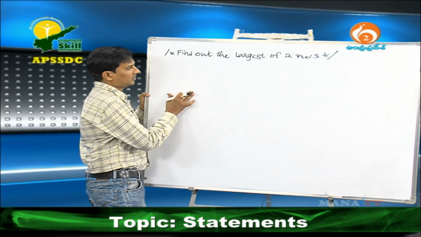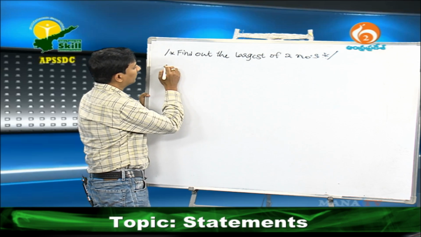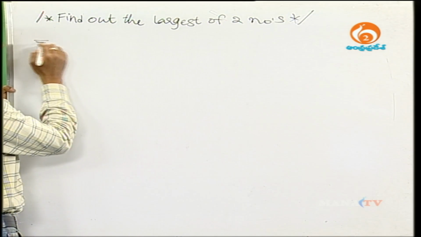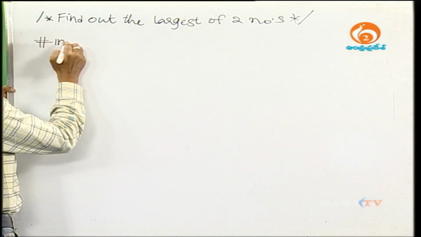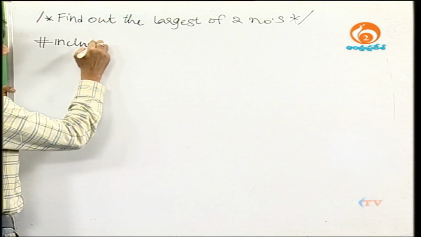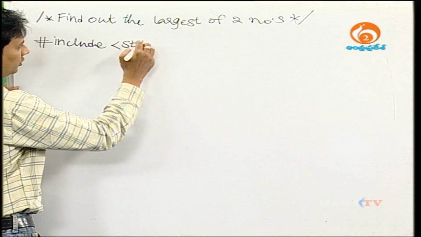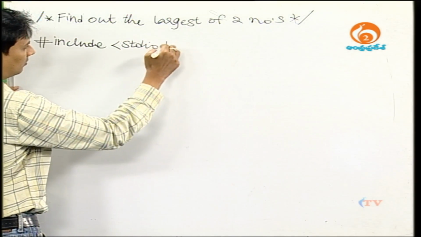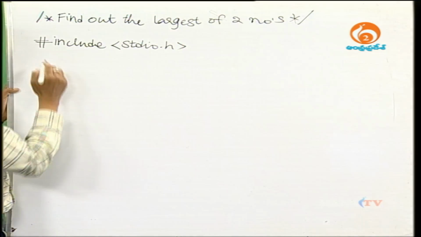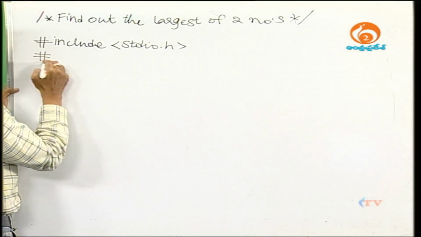Next I will write the link section, or header file section: #include stdio.h, #include conio.h.